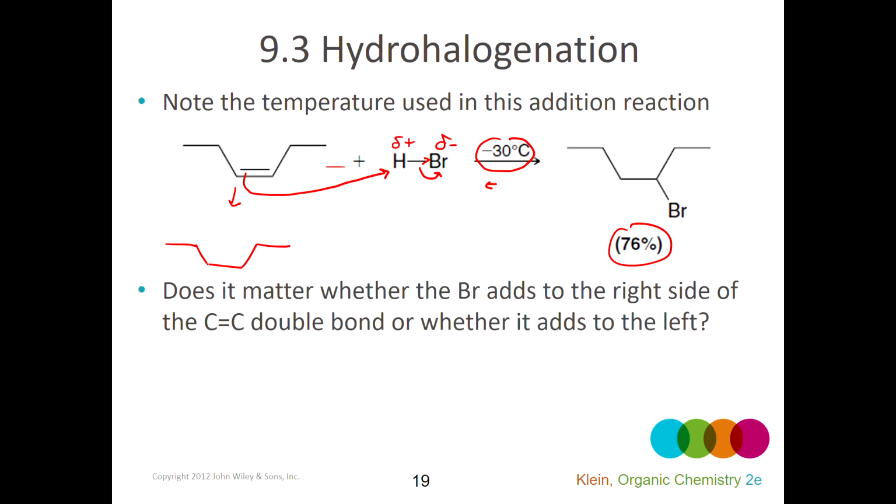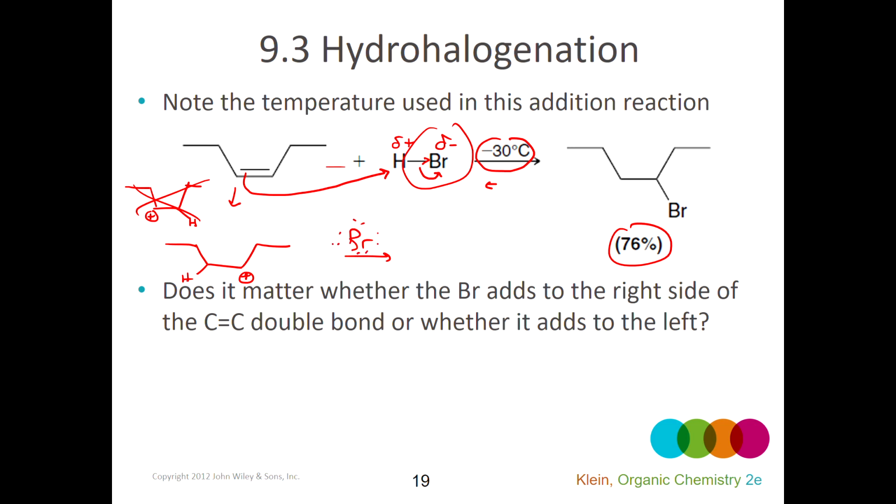So if I put the hydrogen on here, I get this carbocation. If I put the hydrogen on the other side, I get this carbocation. And they're equivalent. There's no difference between the two. One is just a flipped over version of the other. So I don't have to draw both. Just draw one.